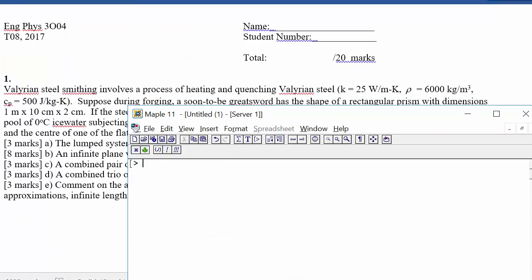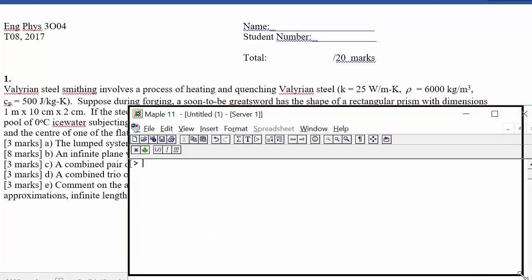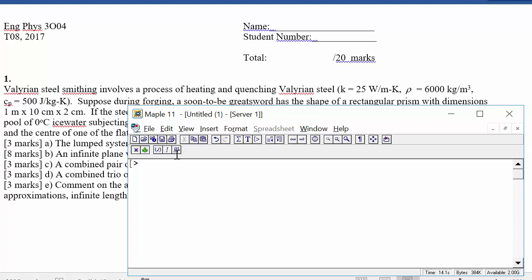We've got our computer algebra system here. You could use any calculator you like. We're going to substitute in the material parameters and the dimensions. Then we're going to calculate the surface area and the volume.